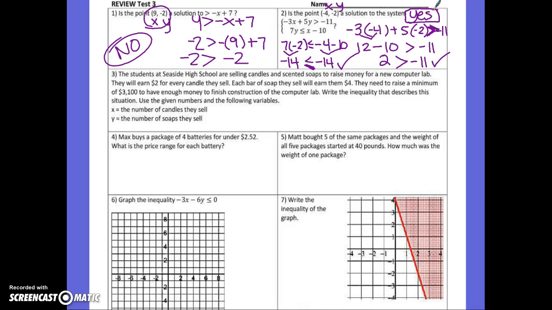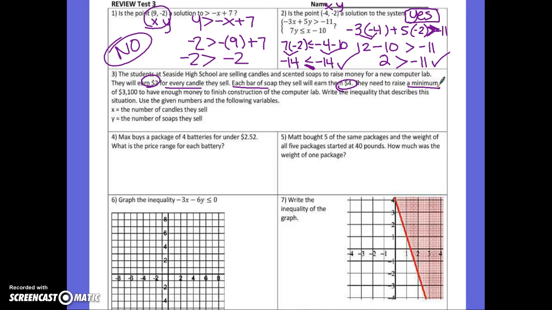The students at Seaside High School are selling candles and scented soaps to raise money for a new computer lab. They will earn $2 for every candle, and each bar of soap will get them $4. So $4 for each soap, $2 for each candle. They need to raise a minimum.